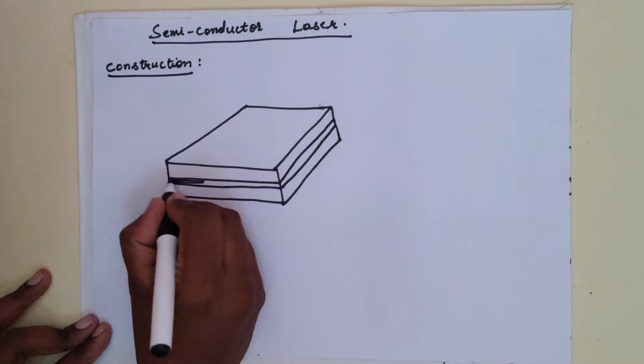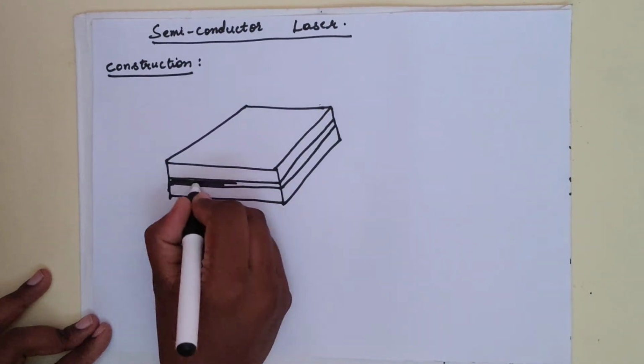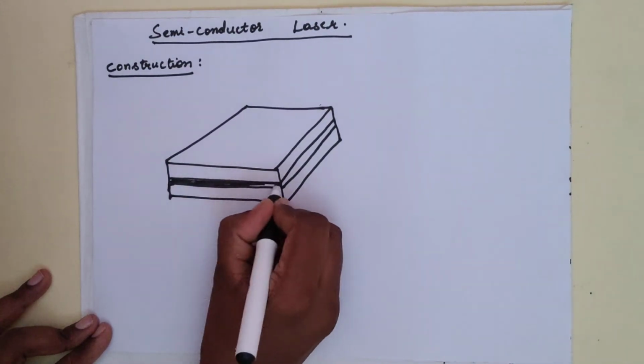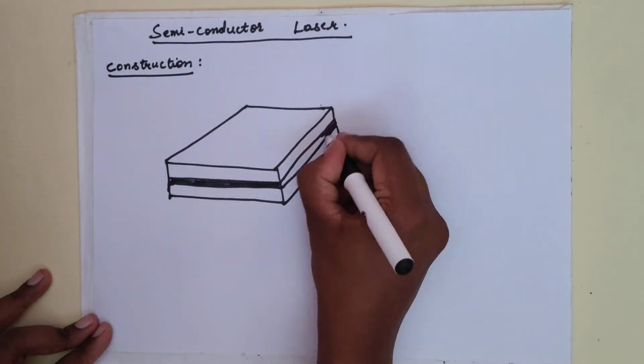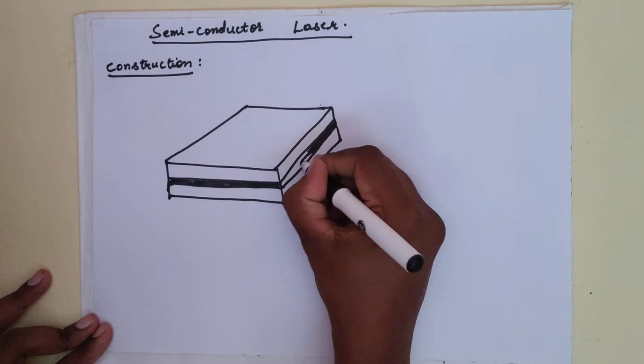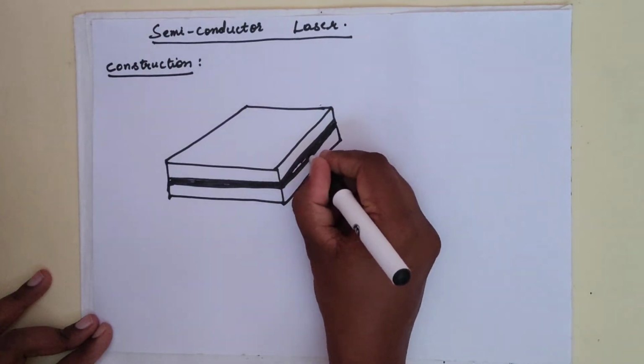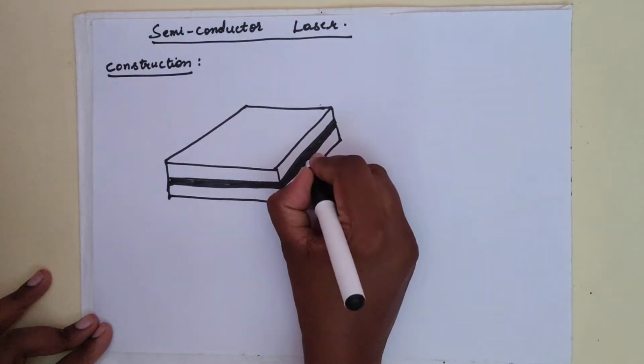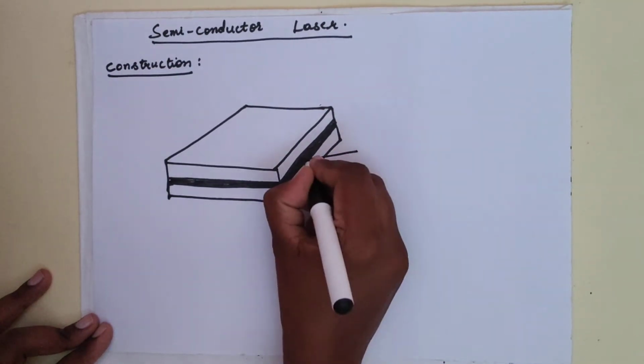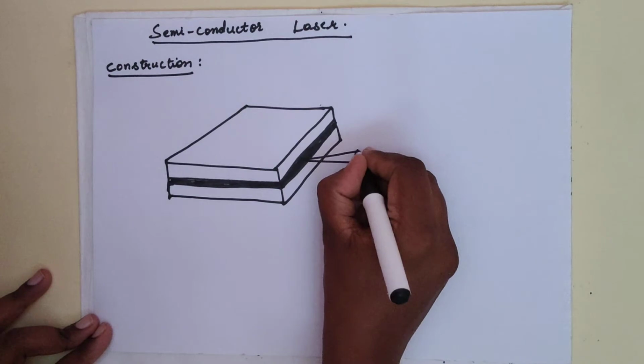This is called the junction plate or junction region, which separates the P and N section, and from which the laser output emerges.